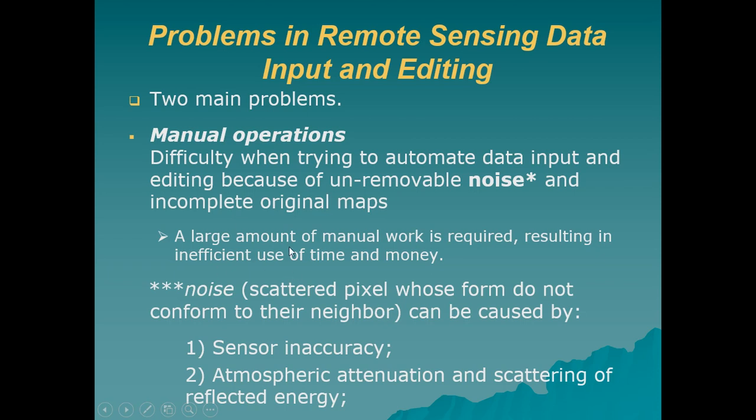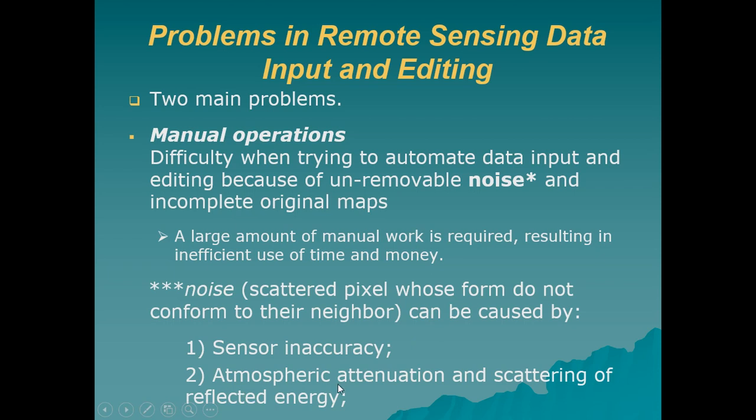A large amount of manual work is often required in order to fix that, which can result in a lot of time and money being spent. So what can be some reasons for this noise that may show up in images? There may have been a problem with the sensor accuracy. Maybe there was some fault or some malfunction with the sensors on the equipment.